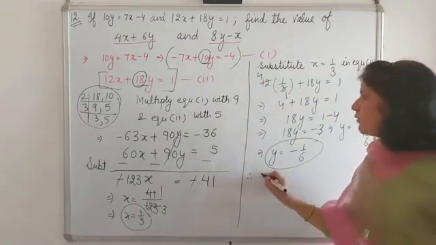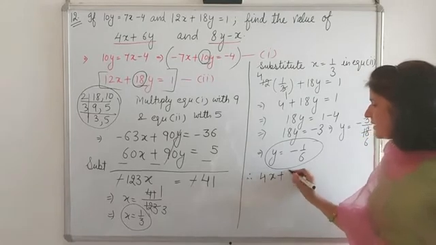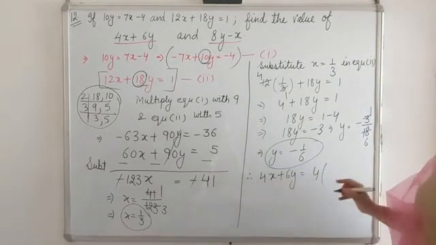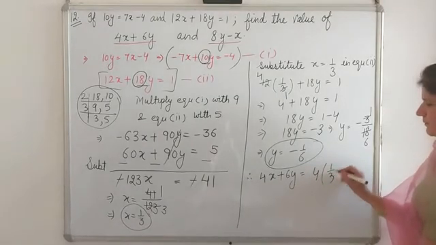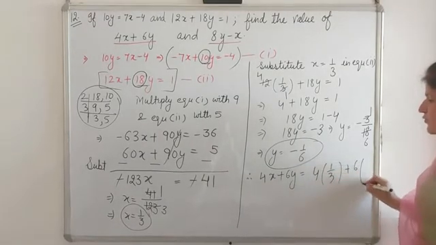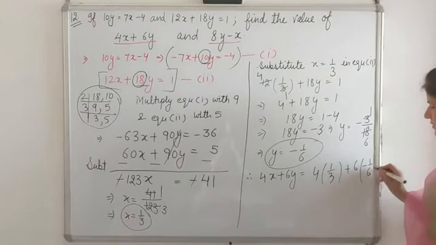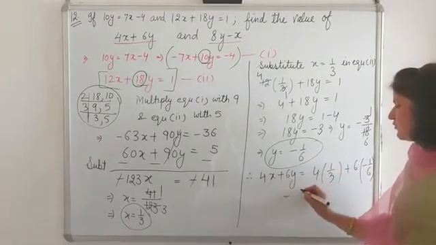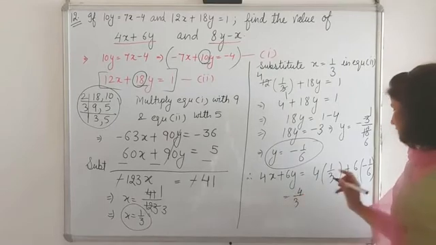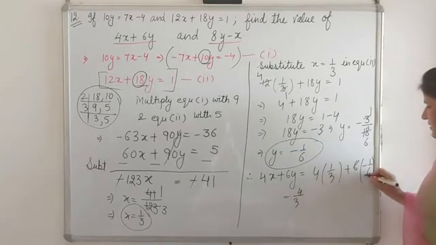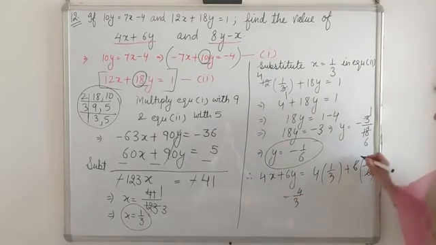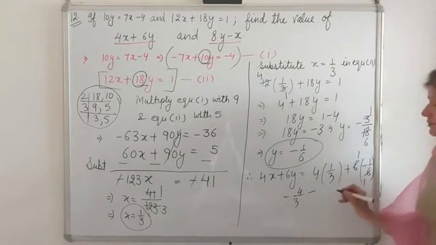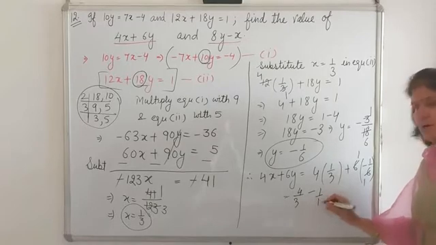Therefore 4x plus 6y is equal to 4 into x, 1 over 3, plus 6 into y, minus 1 over 6. 4 ones are 4 upon 3 here. This 6 cancels because they are in product. So plus minus minus 1 over 1.